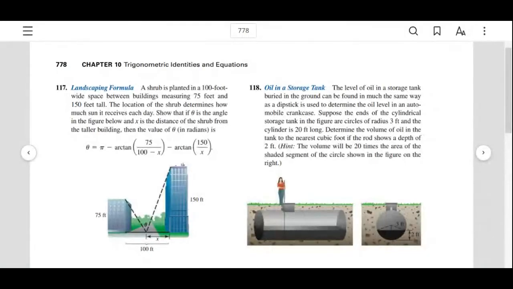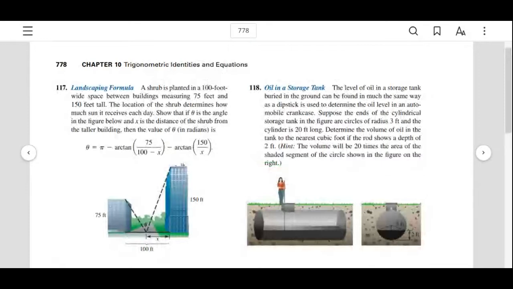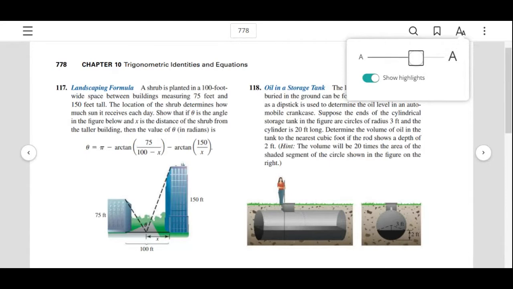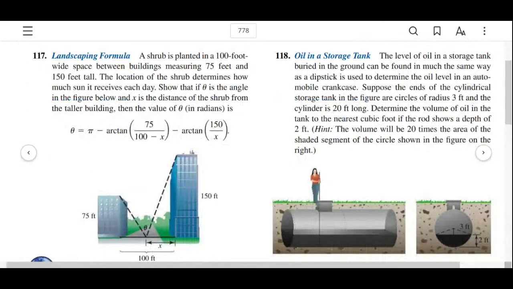Oh, this is good right here. In calculus 2, we'll be doing something like this, basically trying to find the volume of whatever is left over after, let's say, there's a spill or a leak. You can find out how big the hole is by how much is leaking. All right, let's try number 117.